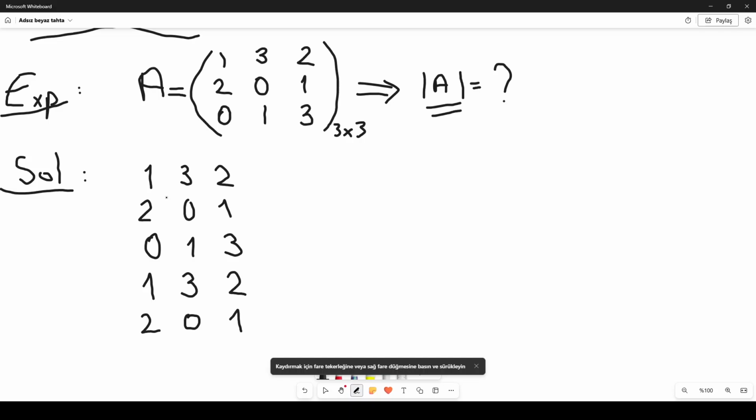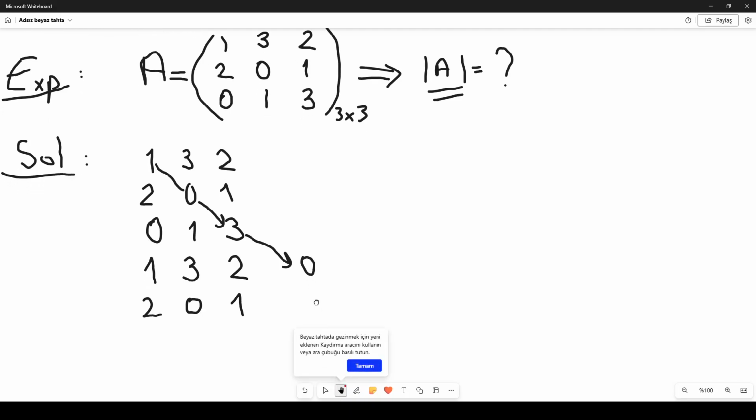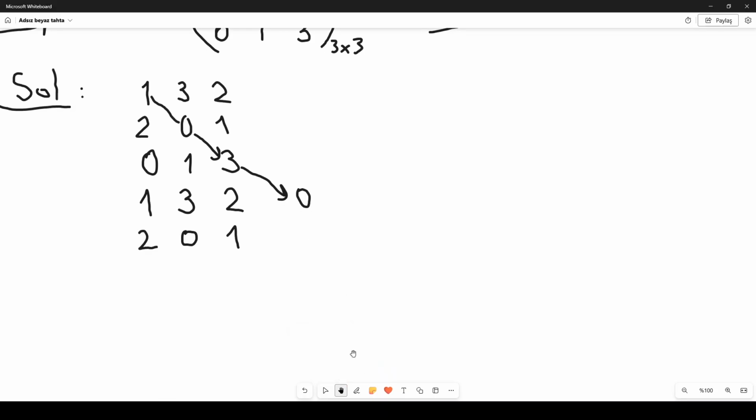And then we apply a kind of multiplication and summation strategy. We multiply the elements in this direction, as you see. So 1 times 0 times 3 is equal to 0. Write it here, and then continue our multiplication.